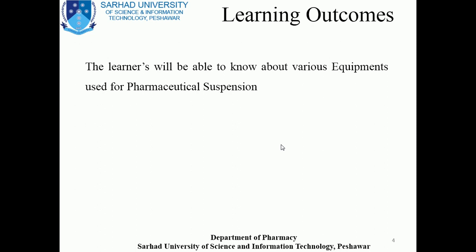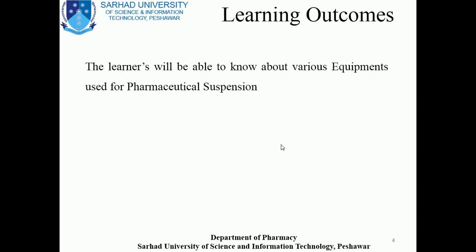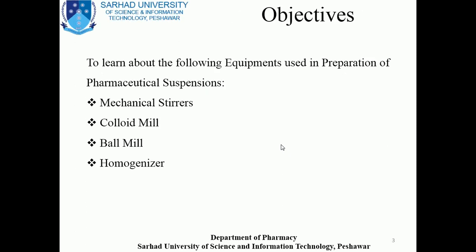Dear students, after the completion of this lecture, you will be able to know about the various equipment utilized in the preparation of pharmaceutical suspension that I have told you, that is mechanical stirrer, colloid mill, ball mill, as well as homogenizer.